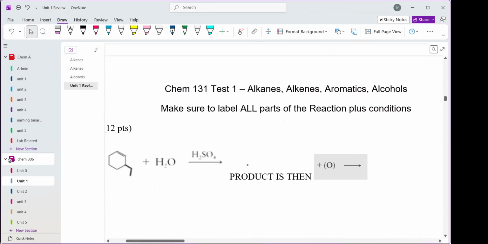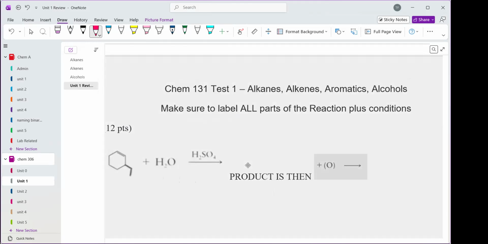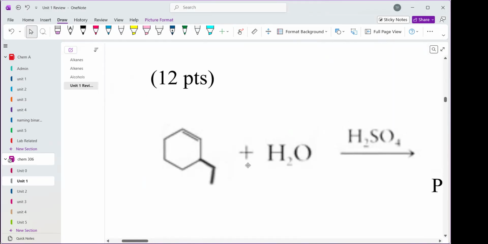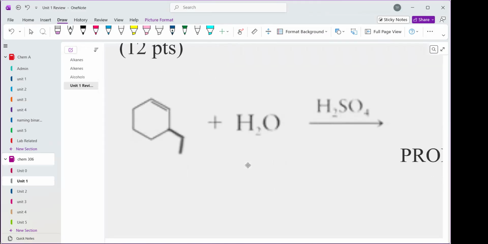Okay, now this is a two-stepper. First step is we have an alkene and we're adding water across the double bond there. So the first thing we get is an alcohol. It's going to be right across here. And let's make this big. Now, when we add water, a heterogeneic additive, across the double bond, we're going to get a mix. So the first thing we're going to get here is the mix. What does that look like?